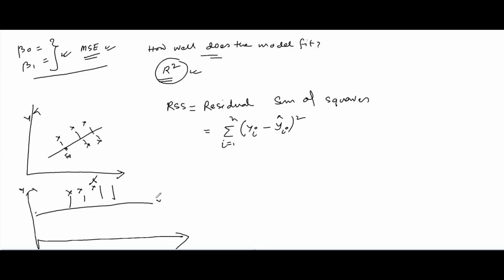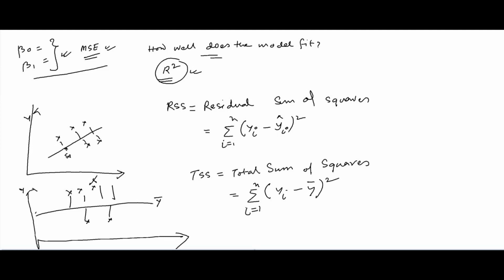This line is y mean. That is called TSS, the total sum of squares, which is the sum for i equal to 1 to n of (y minus y mean) squared. This is an important difference.